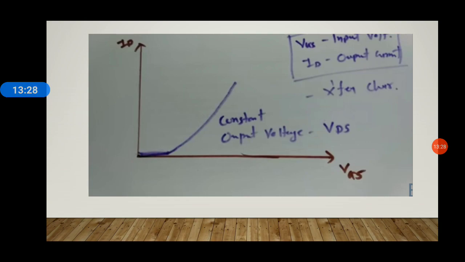Then when we keep on increasing VGS up to a certain level, after that threshold voltage, the ID current starts flowing. So this is what is shown here. The point from where the current starts flowing is called the threshold voltage. That is, for the MOSFET to conduct current, the voltage VGS has to be increased up to a certain level. Before that, it will only help in forming the inversion layer.